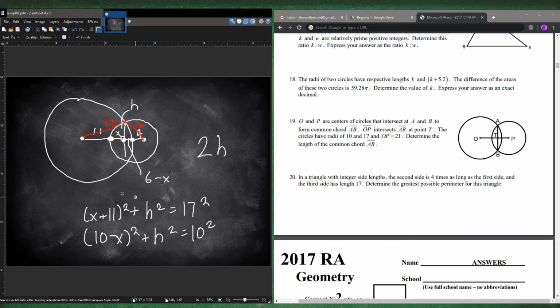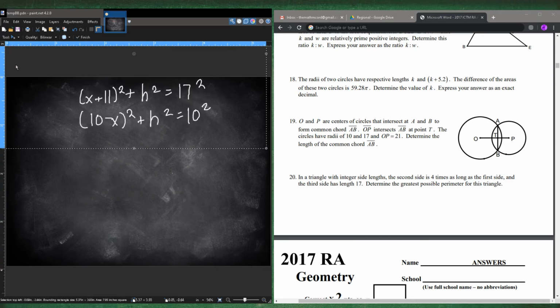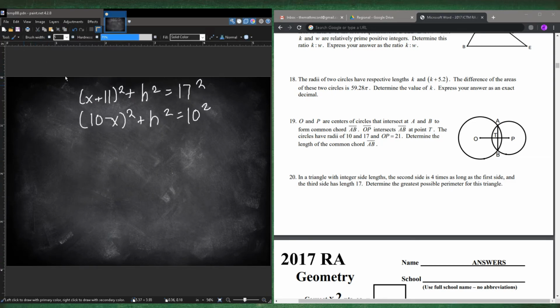Oh, sorry. Why won't this move? Okay. So we just need to solve this out, right? So let's multiply this entire equation by negative 1.